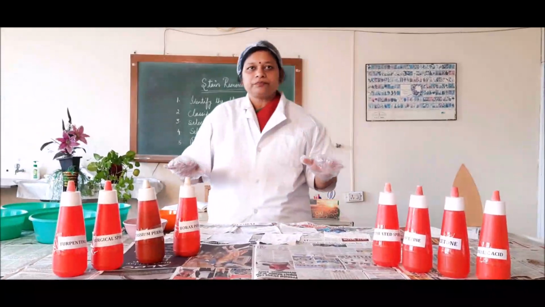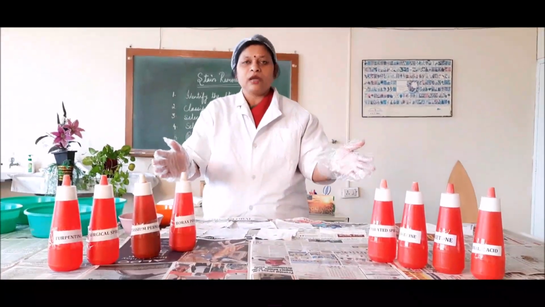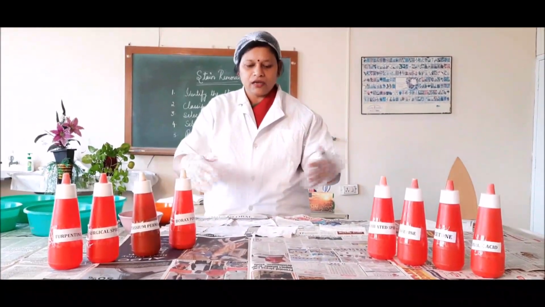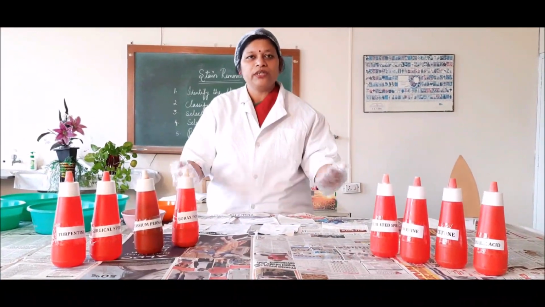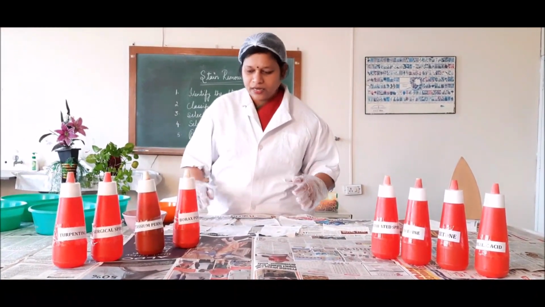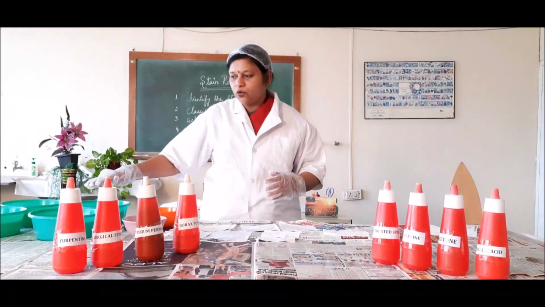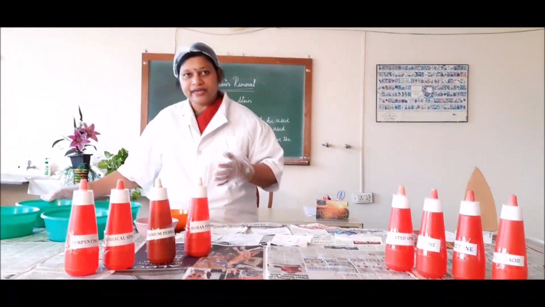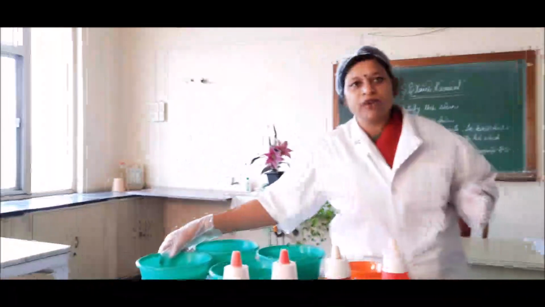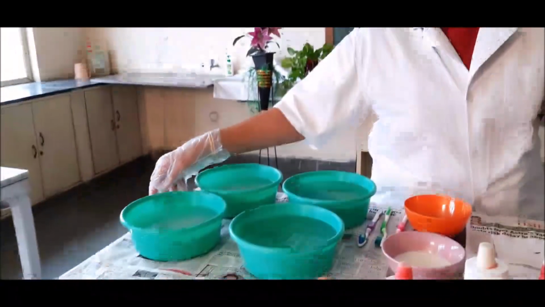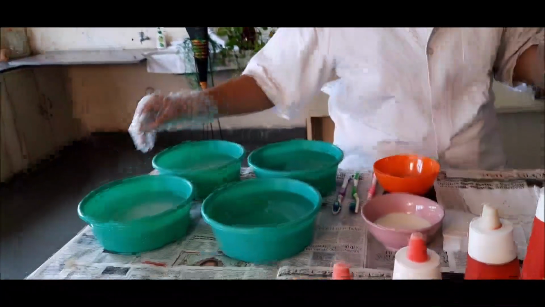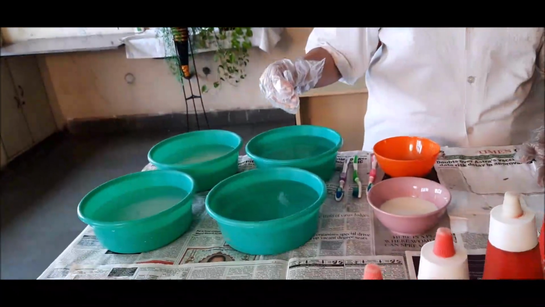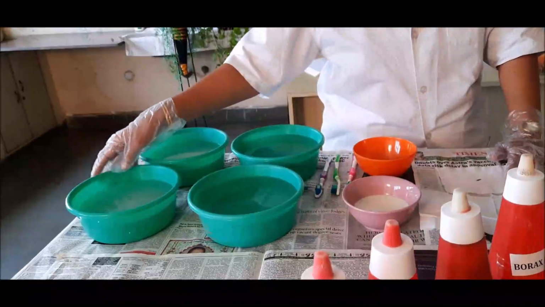I will be explaining in detail in due course which reagent is to be used for which stain. Now I have two bowls of plain water, one bowl of detergent water, and one bowl of starch water, where I have already mixed a little bit of starch, because all the cotton and linen fabric should go for a starch.